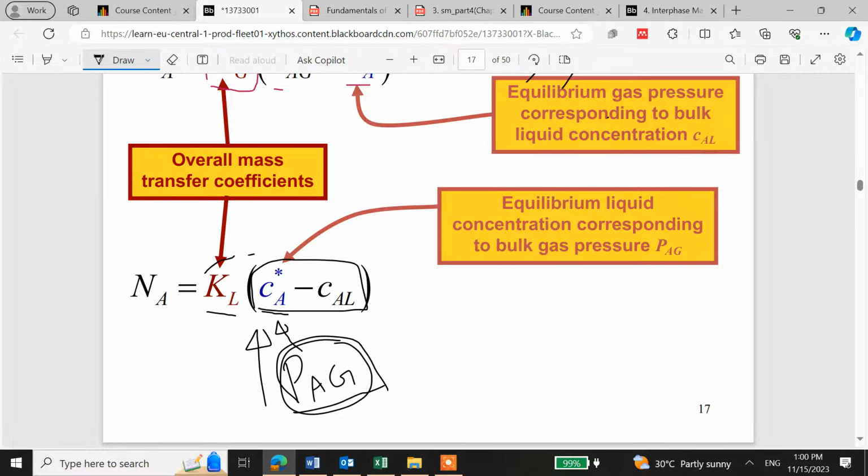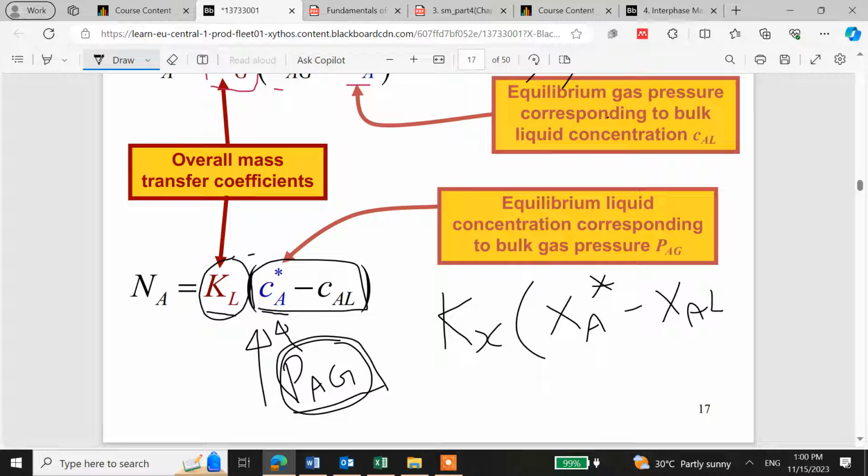So the overall mass transfer coefficient with respect to liquid is KL times this. Similarly, now we can have overall in terms of mole fraction in liquid. So Kx will be the mole fraction, XA star, the equilibrium value, minus XAL.